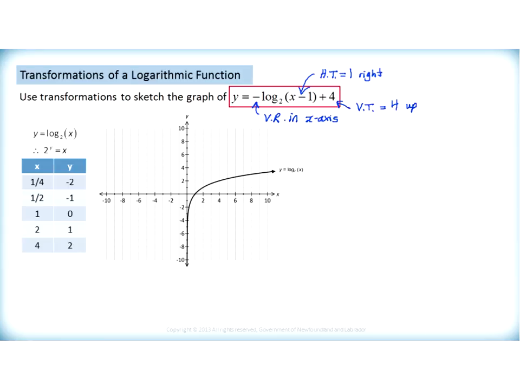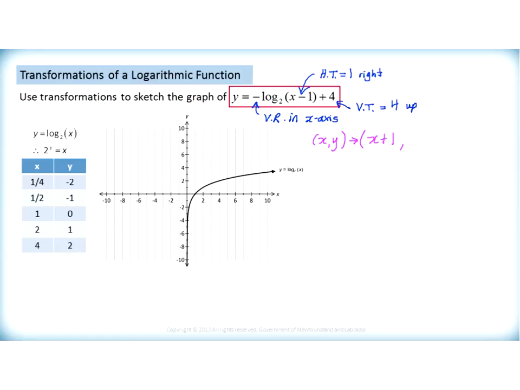I recommend that we use a mapping rule to sketch the graph, where x, y comes from the base graph and it will get mapped onto... you have to use opposites for the x variable. So if we see x minus 1 in the equation, then the mapping rule will be x plus 1.